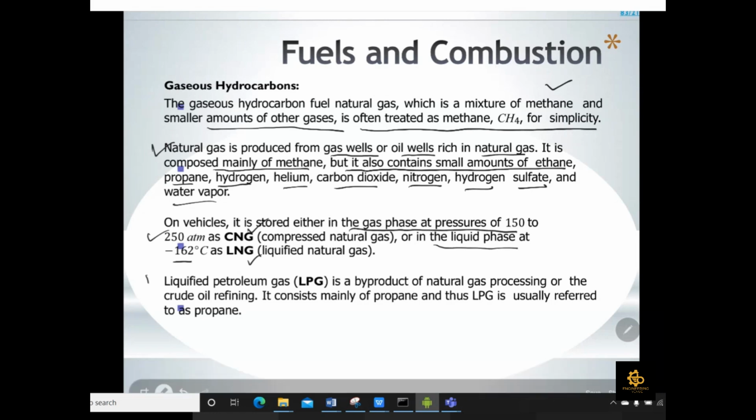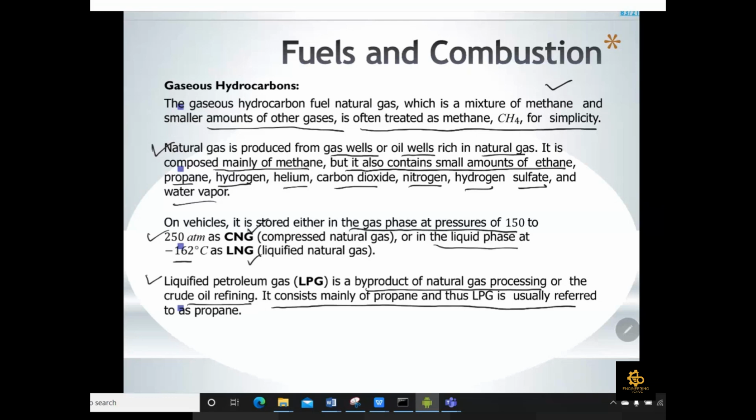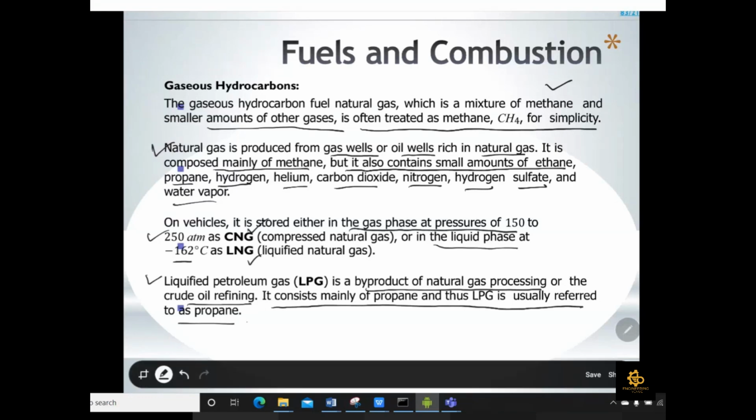Liquefied petroleum gas, LPG, is a byproduct of natural gas processing or crude oil refining. It consists mainly of propane, and thus LPG is usually referred to as propane as well. These are the fuels which we commonly use in internal combustion processes.